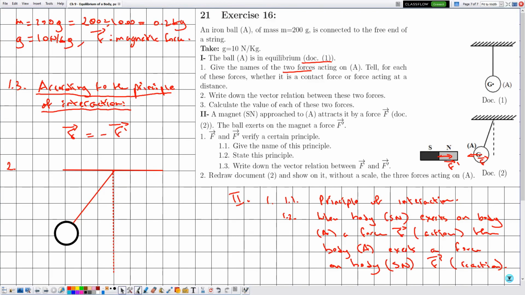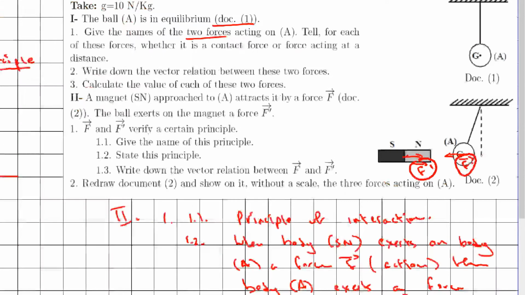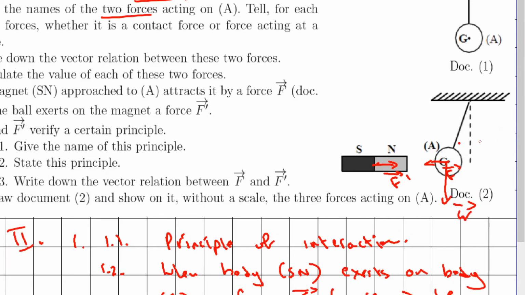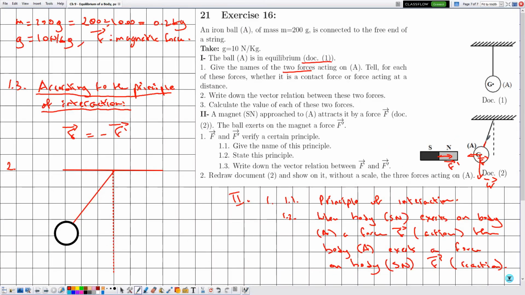Now here in this case, how many forces do we have? We have F prime, we also have the weight, and we have the tension. Recall that the line of action of the tension is always along the string and the point of application is the point of contact. So this is the tension.